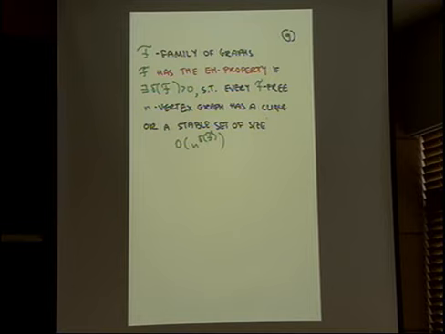I'll say a family has the Erdős-Hajnal property if there is some delta that depends on this family, so that if I look at an n-vertex graph that's F-free, that means it doesn't contain anybody in the family as an induced subgraph, then my graph G has a clique or a stable set which is this big. The Erdős-Hajnal conjecture says every family of size 1 has the property, but you can try special cases for bigger families F.